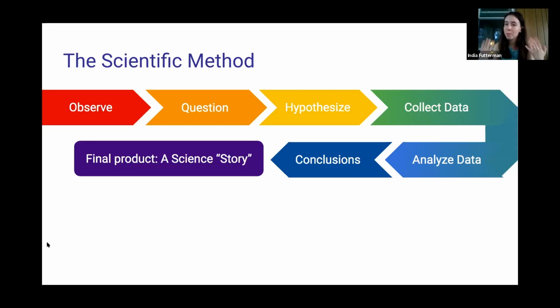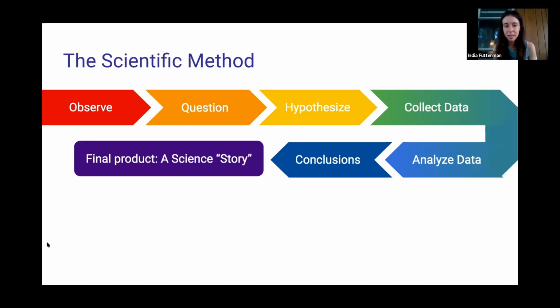And when we publish a report, when we present our work, we are almost presenting it as a story. Even though scientific papers have a formal format, introduction, methods, it's still telling a narrative. It's setting you up with background information in that introduction and leading you through the steps of the process to ultimately arrive at a conclusion.